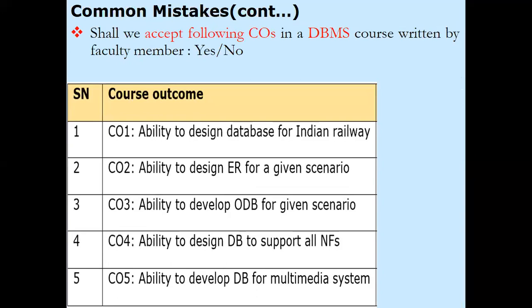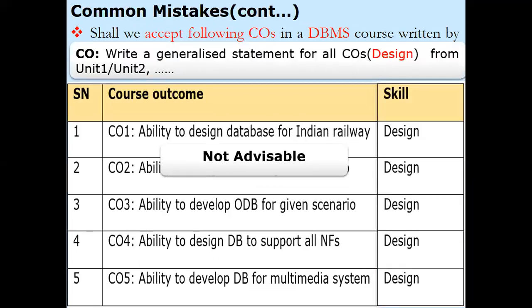Now, for example, there is a DBMS subject. The faculty member has written 6 course outcomes below. Shall we accept the following 6 course outcomes? The answer is no. The reason is that he has written 6 course outcomes, but all 6 are written based on the design level, in the sense of the PO3 point of view.